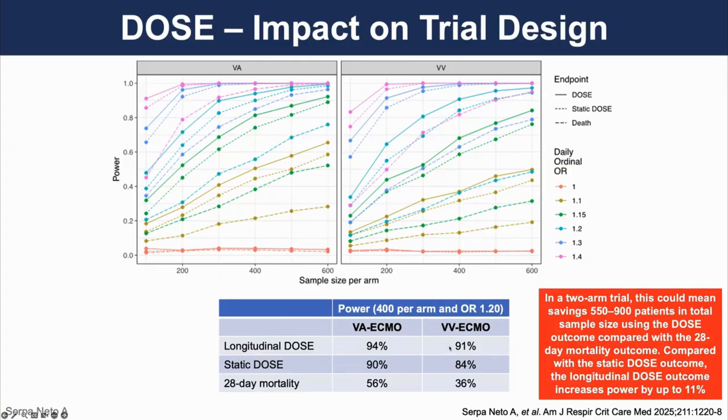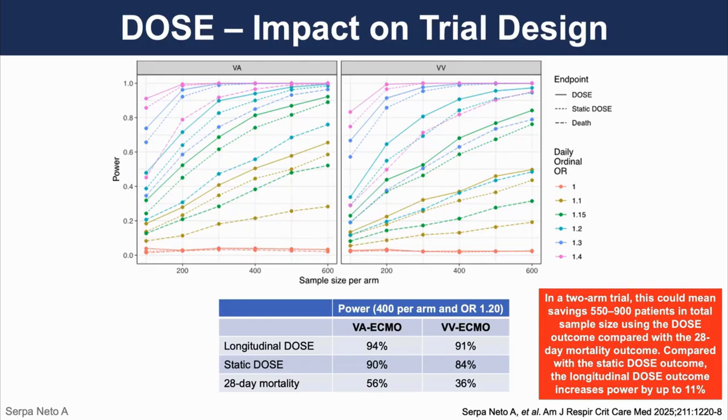And we know the longitudinal DOOR associates very well with a patient-centered outcome, which is death or new disability. So basically, using different simulations in a two-arm trial, this could easily mean saving 500 to 900 patients in total sample size using the DOOR compared with 28-day mortality. And compared with the static DOOR at day 28, the longitudinal DOOR will usually increase power by up to 11%.